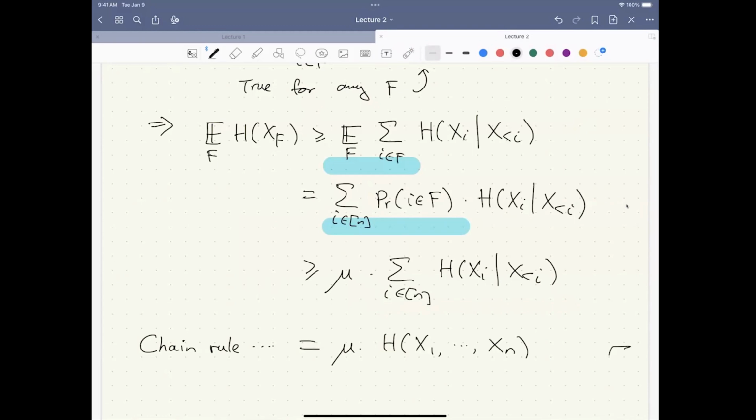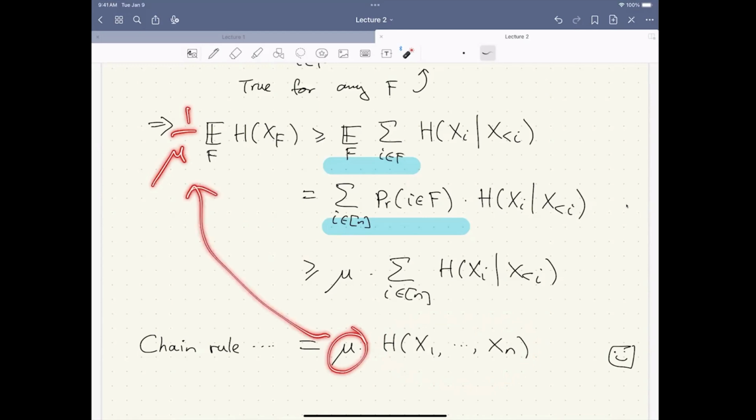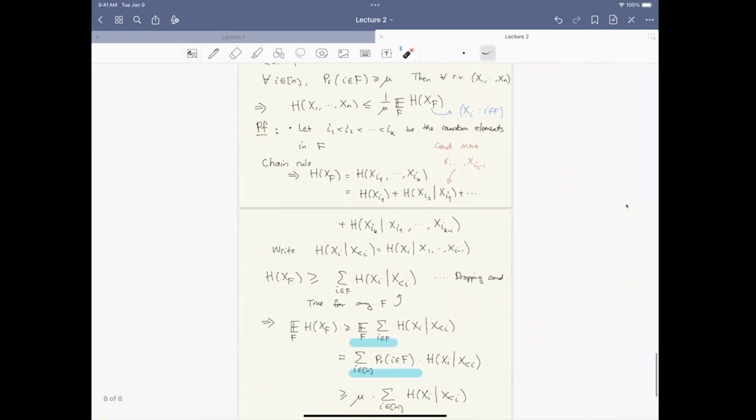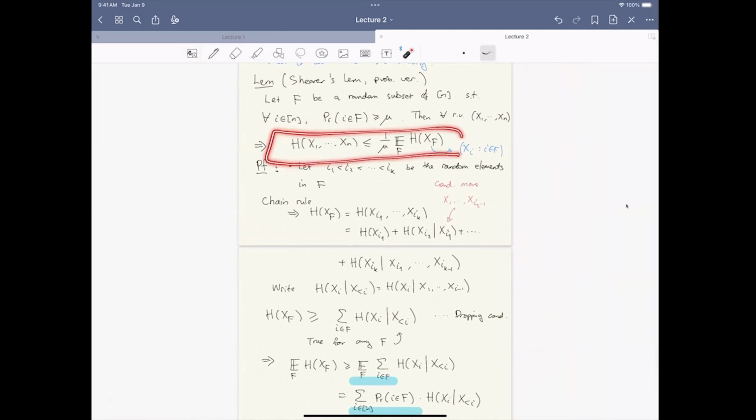We are done. You just move inequalities around. This guy is at most 1 over mu of the left-hand side, which is the inequality we want to prove.